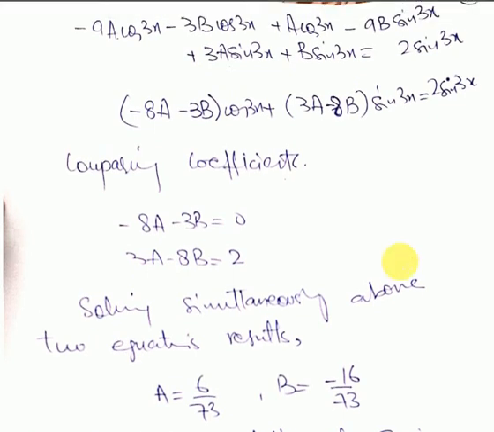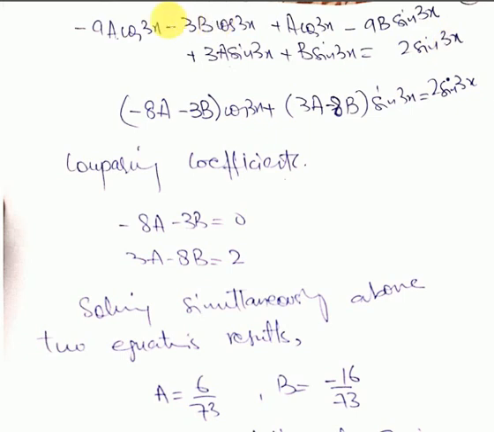By simplifying, it gives minus 9a cos 3x minus 3b cos 3x plus a cos 3x minus 9b sin 3x plus 3a sin 3x plus b sin 3x is equal to 2 sin 3x.